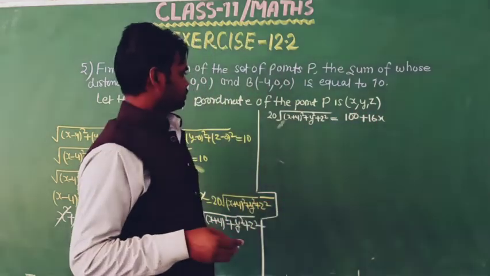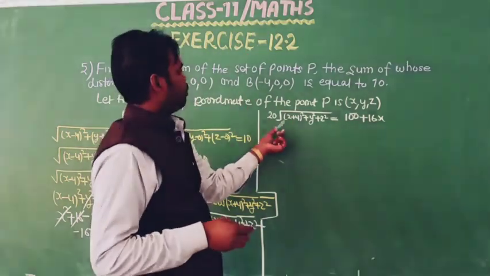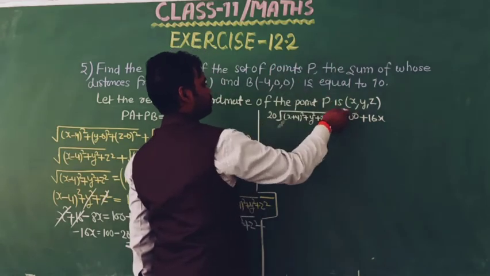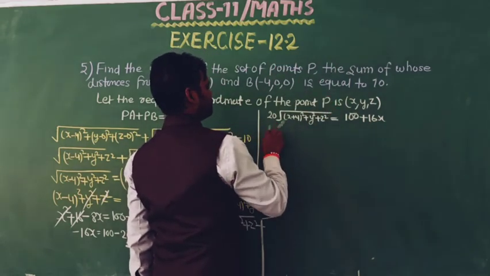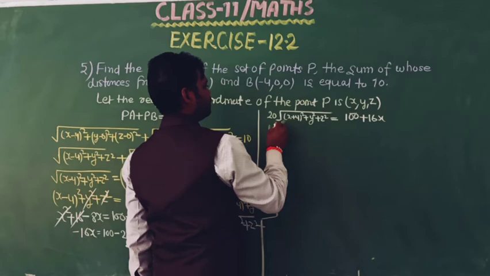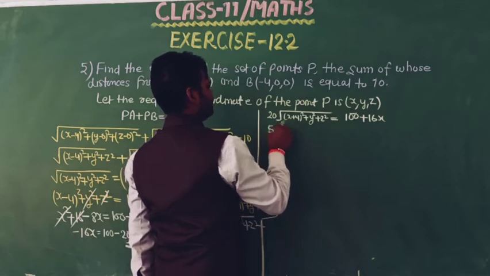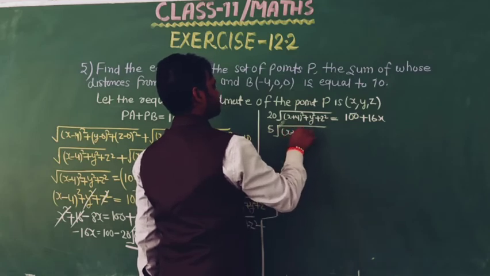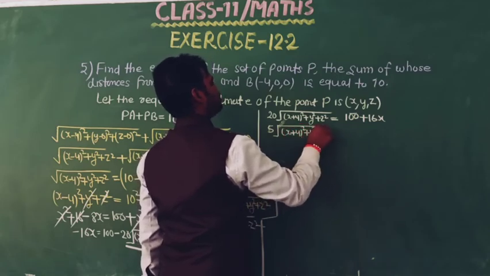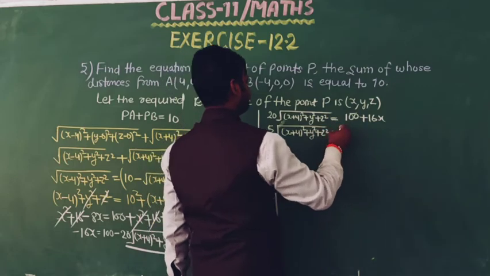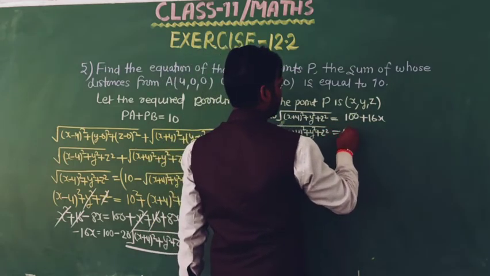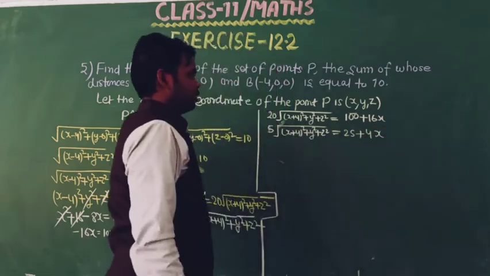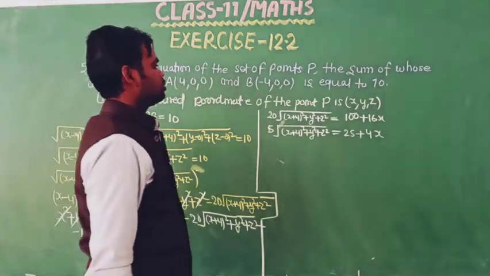Now taking 4 as common, so 20 square root of x plus 4 whole square plus y square plus z square equal to 4 times (25 plus 4x), that is 4 into 25 plus 4 into 4x. Now squaring both sides.